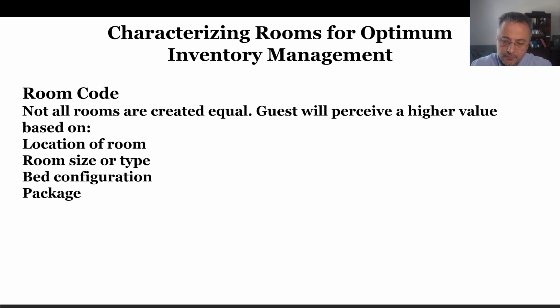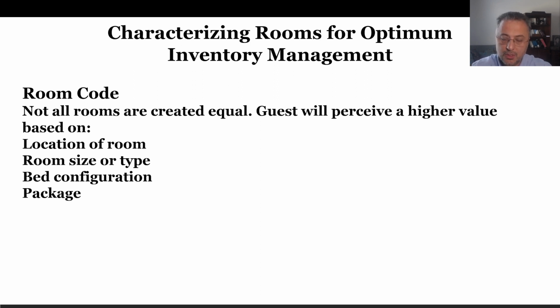Overall, room codes are a property-specific shortened description used to identify a specific room product in a hotel. For example, NSDD could identify a non-smoking double room. There are many factors utilized in establishing differential pricing strategies, and it varies from property to property.